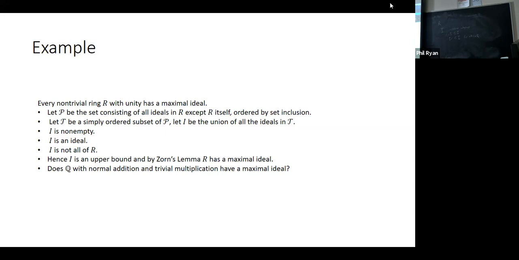And let's say if we start off with a simply ordered subset in our collection, then let's look at the union of all the ideals in our chain. Firstly, why is I non-empty?